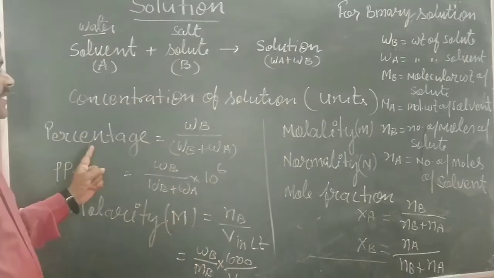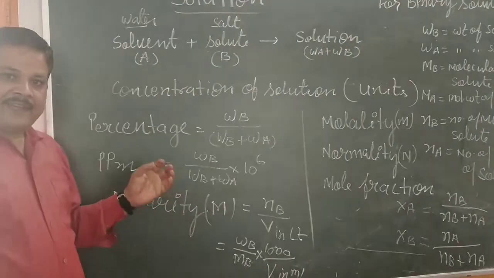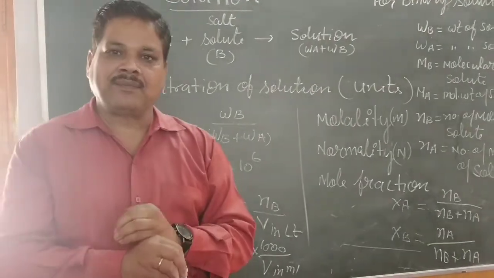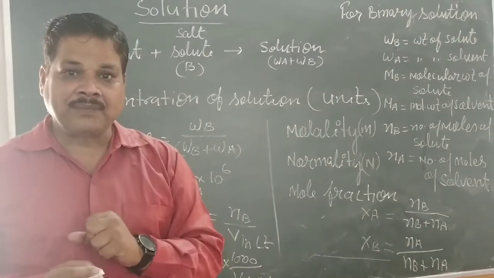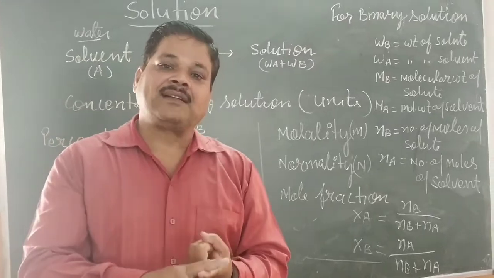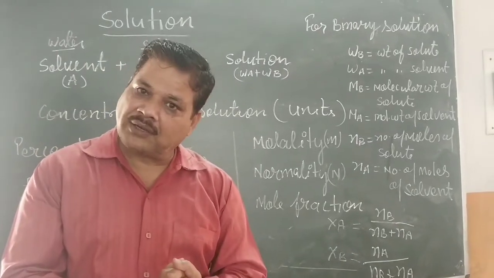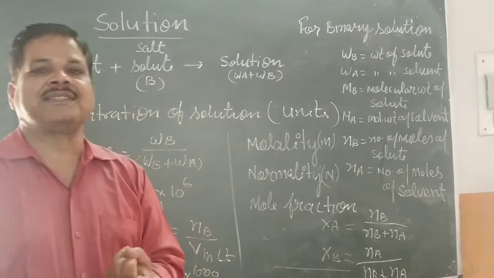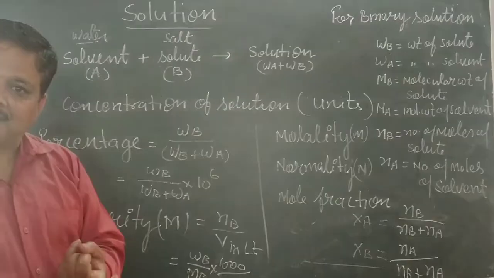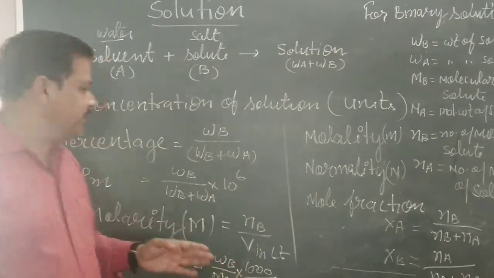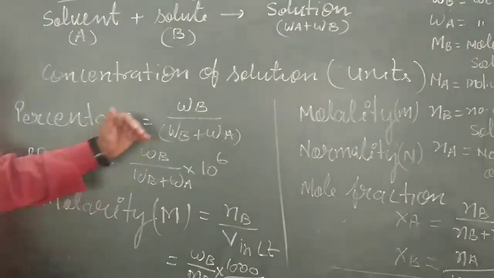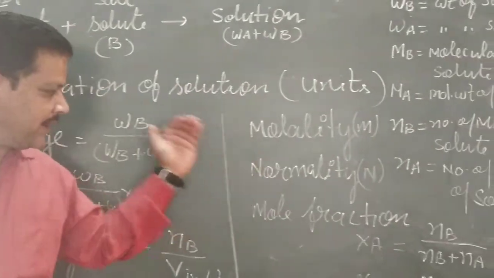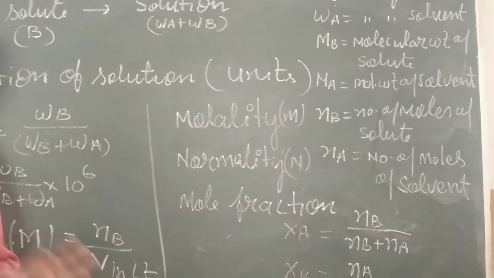Suppose salt is mixed in water and the total solution prepared is 1000 gram. How much is the solute, like salt? That is what we call its concentration. The concentration is expressed in different units given here: percentage, ppm, molarity, normality, mole fraction, like this.